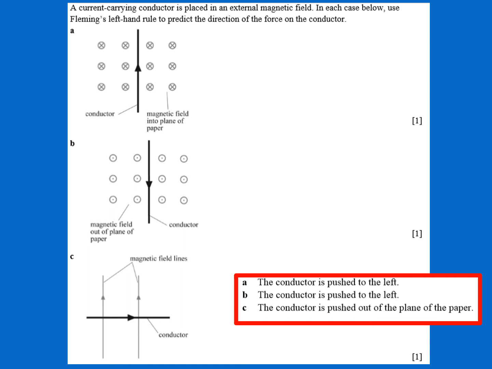The second finger is pointing downwards, so again it's towards the left. And C, we've got the field pointing upwards, so first finger up, and second finger to the right, so that means it's pushed out towards the paper, so the thumb is pointed towards you, or out towards the screen, should I say.